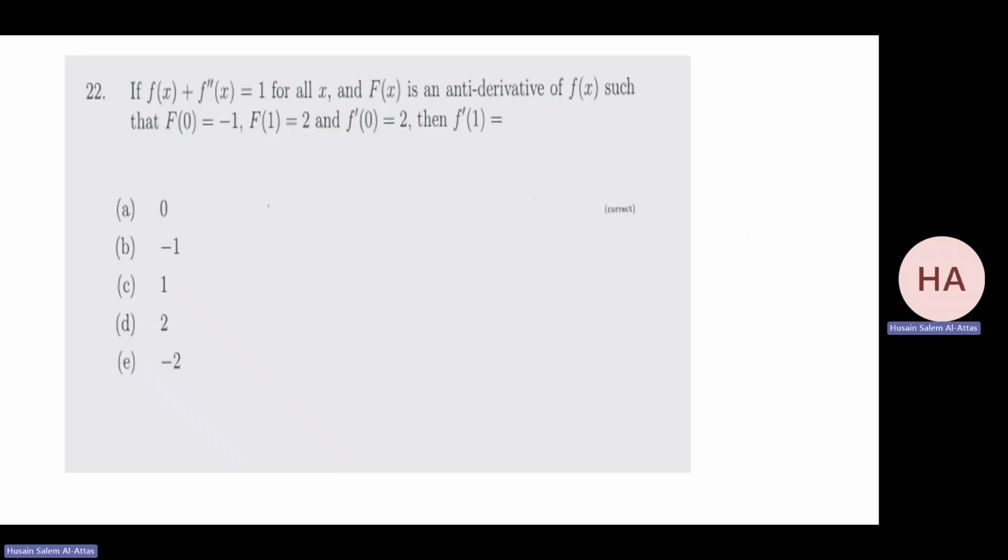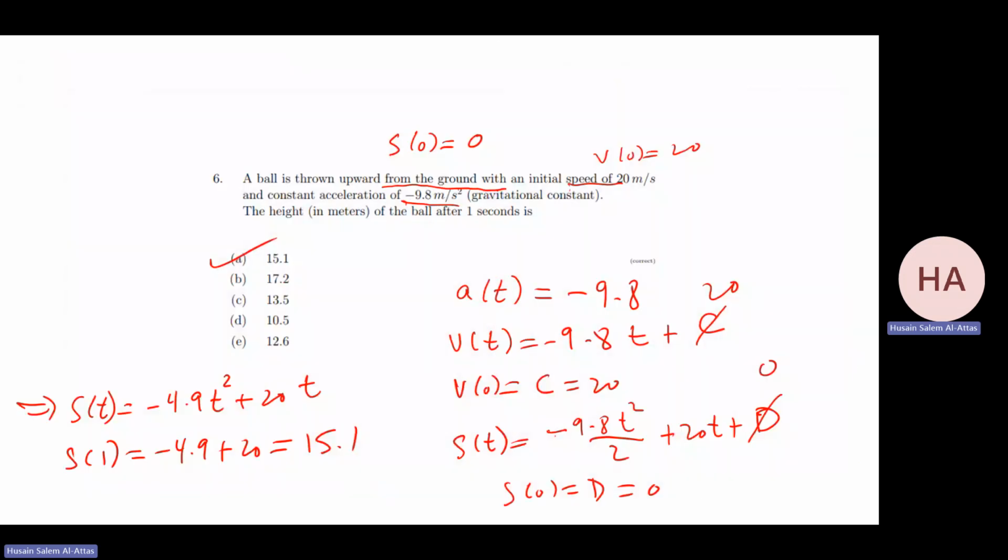Okay. If x plus f of x equals 1, what's the meaning of this? Capital F of x is this, means capital F prime is f of x. We'll solve this. I think we did it before. Yeah, we did it before. The same problem, I think.